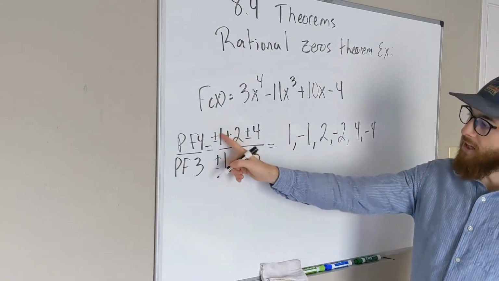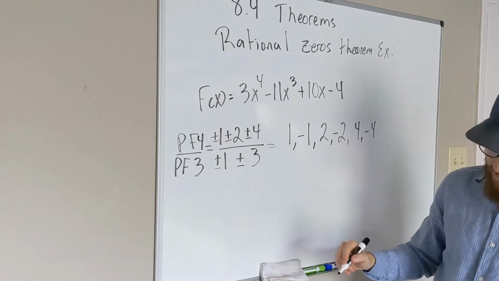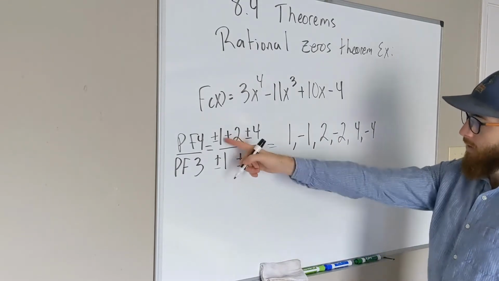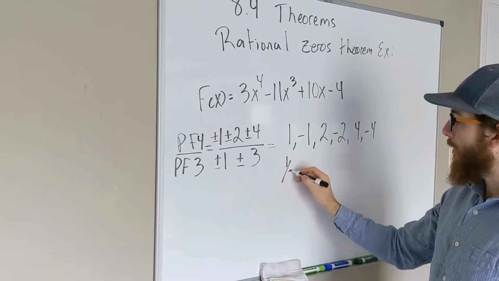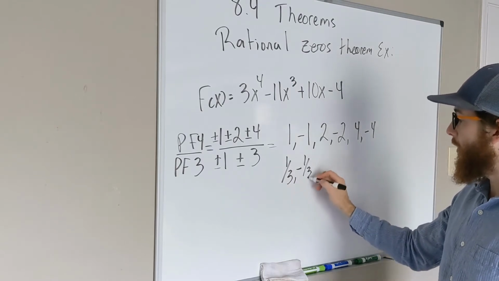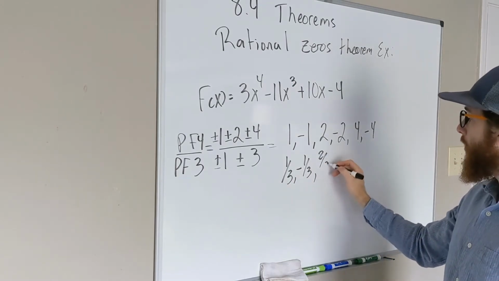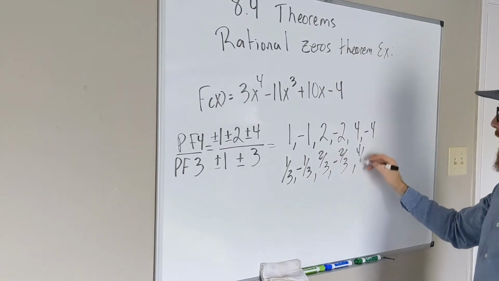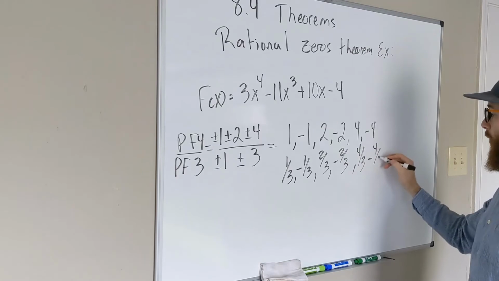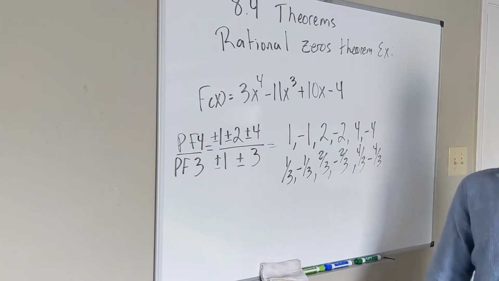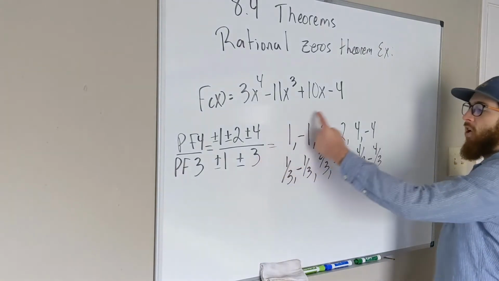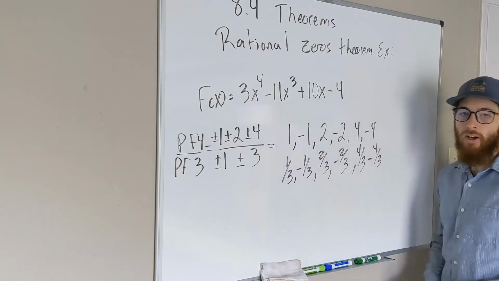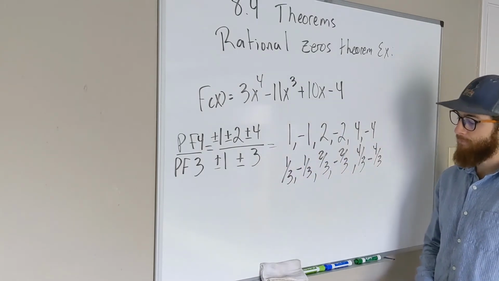And now I have to take each of these things and divide by 3 as well. So that would be 1/3 and negative 1/3. 2/3 and negative 2/3. 4/3 and negative 4/3. Okay, so that means that all of these values are possible zeros to this function.